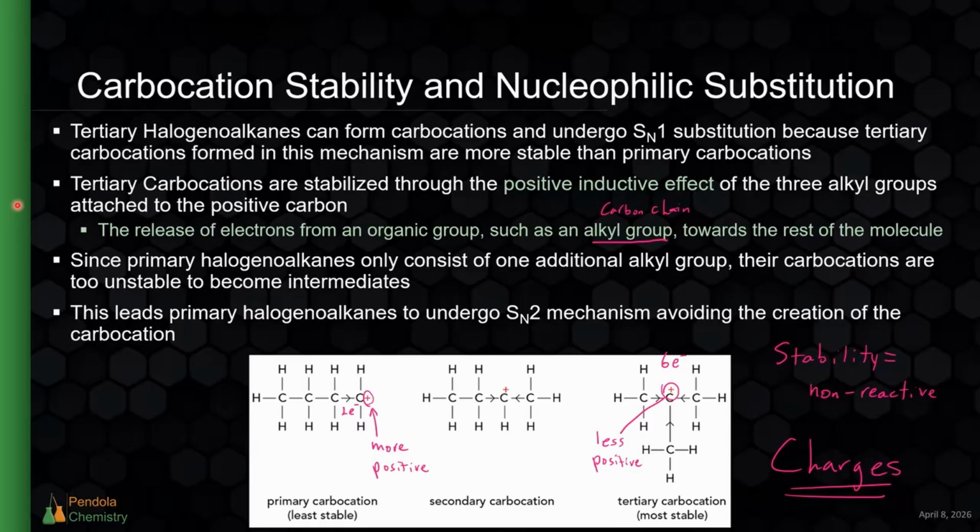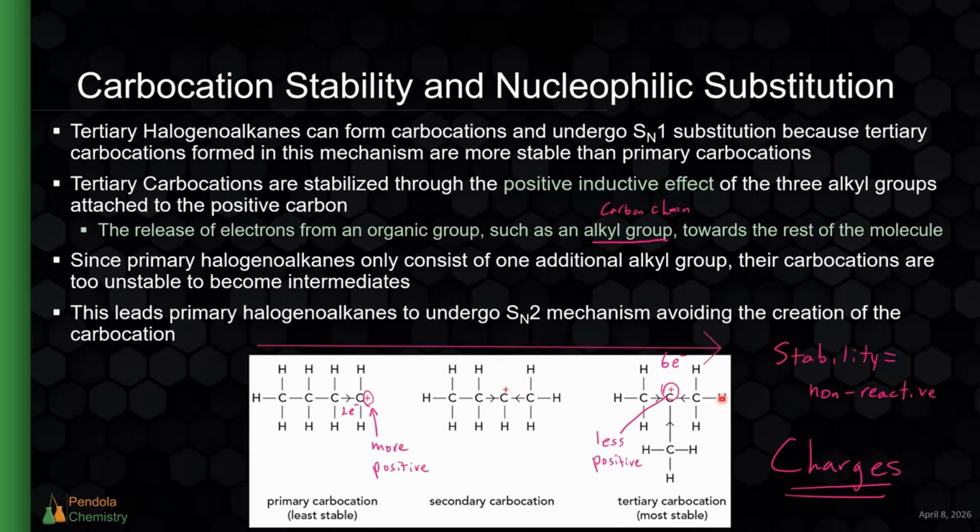So because the stability increases from left to right, so will its likelihood of existing. Because as we go from primary to secondary to tertiary, they get more stable, they're more likely to be created, they're more likely to exist.